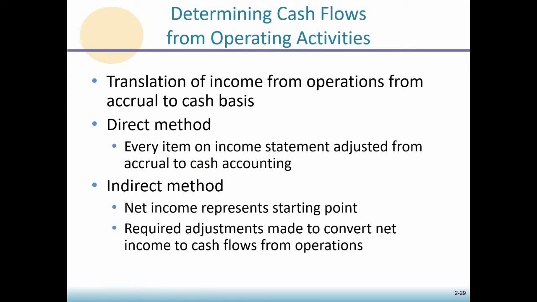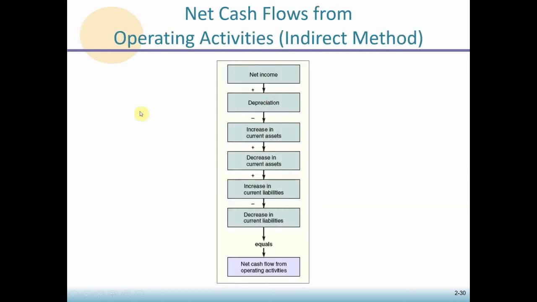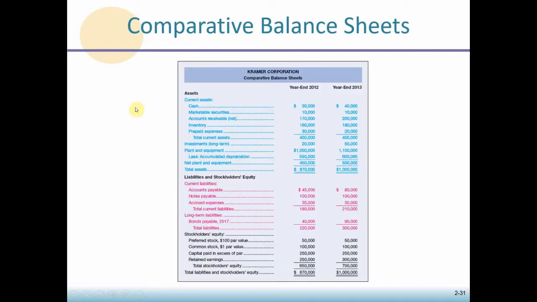But basically you're taking the basics of your income statement, you're adding back in depreciation, and maybe adding back in those things that you would be accruing but not actually paying cash for, to give you an idea of what your operating cash flow would be. It kind of gives you an idea of how you would take a look at it.